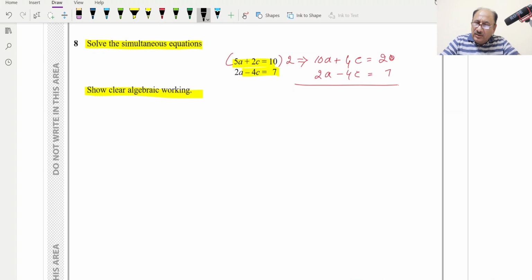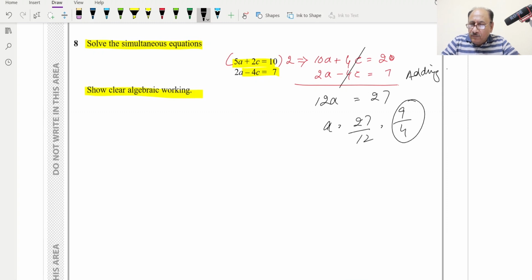Now we can add, so adding will cancel these two, and this will be 12a is equal to 27, so a will be equal to 27 over 12, which we can cancel and write 9 by 4. So I will keep this value 9 by 4, and now we can replace in the second equation.